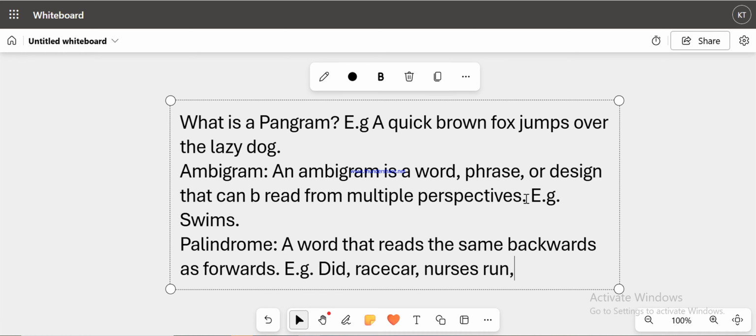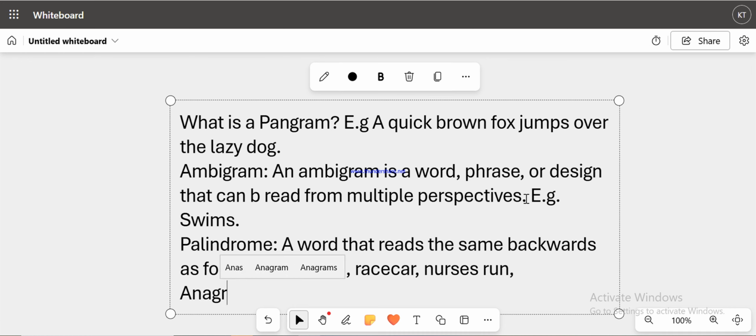Now we also have anagrams. I think most likely you must have heard of this before. What is an anagram?